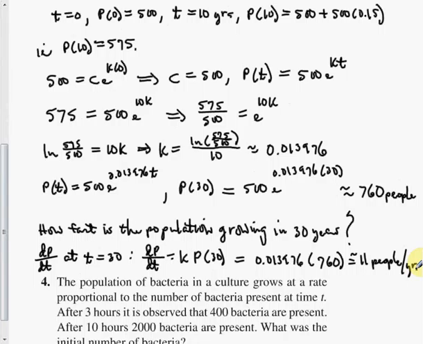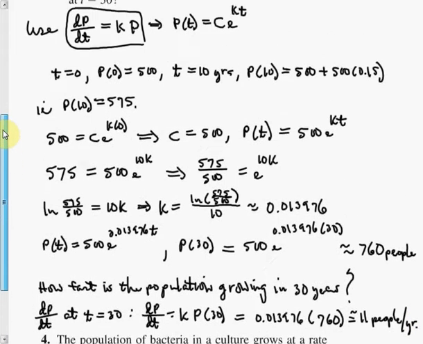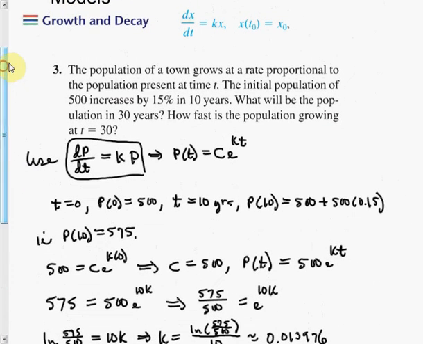which is pretty cool because if you notice that differential equation, that's what's given initially, right? That the population is growing with respect to some type of constant times the population at the present time. So hopefully that makes the equation make sense.